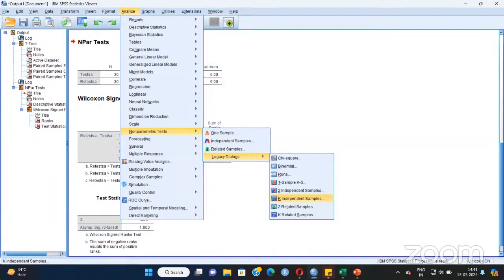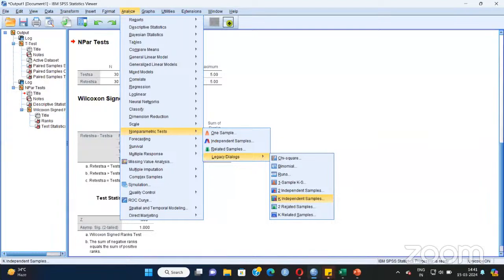First, you have to click Non-parametric Tests, then Legacy Dialogs. After that, you have to click K Independent Samples. Here it is written 2 Independent Samples. Please do not click it. You will click K Independent Samples in Legacy Dialogs.